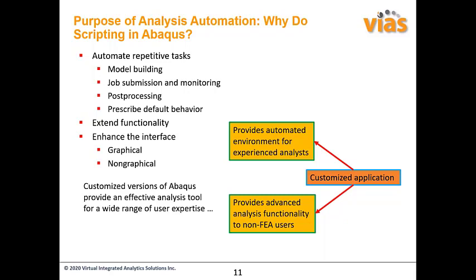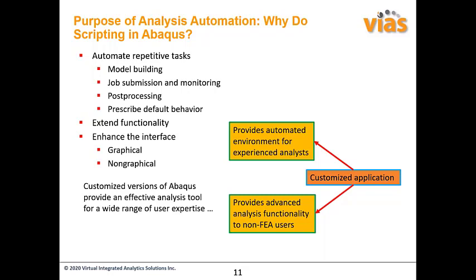For example, if a model takes 1 hour to develop, just for pre-processing, applying the loads, boundary conditions, geometry, meshing, etc., and you develop a tool that can do it in about 5 seconds, then you can save your valuable 1 hour per model.